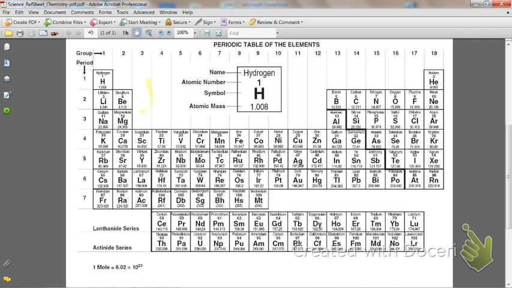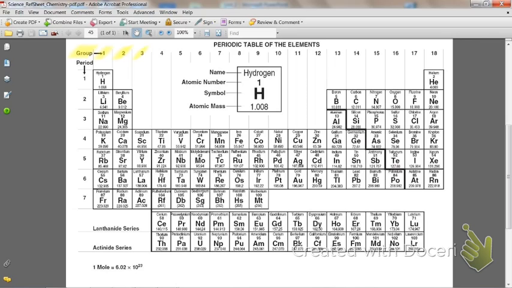There are the groups across the periodic table, and you will see that if you count them, there are 18 groups.